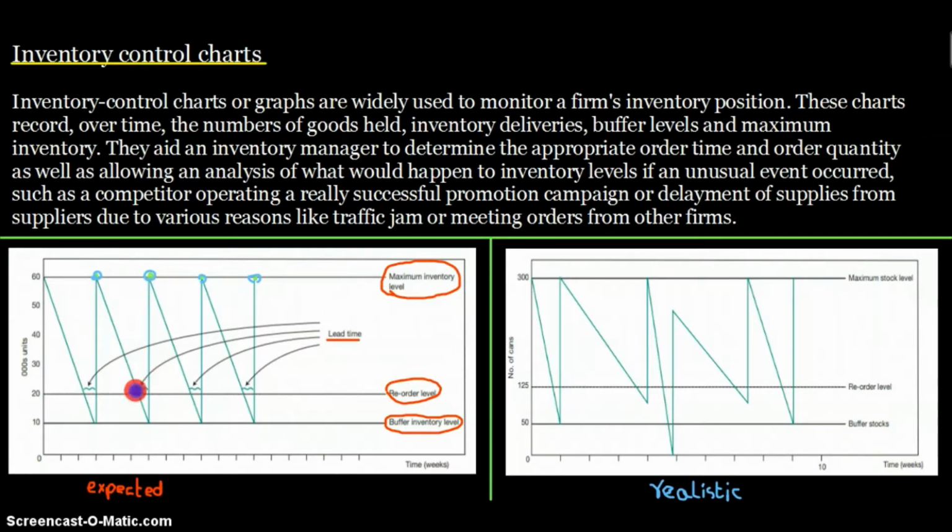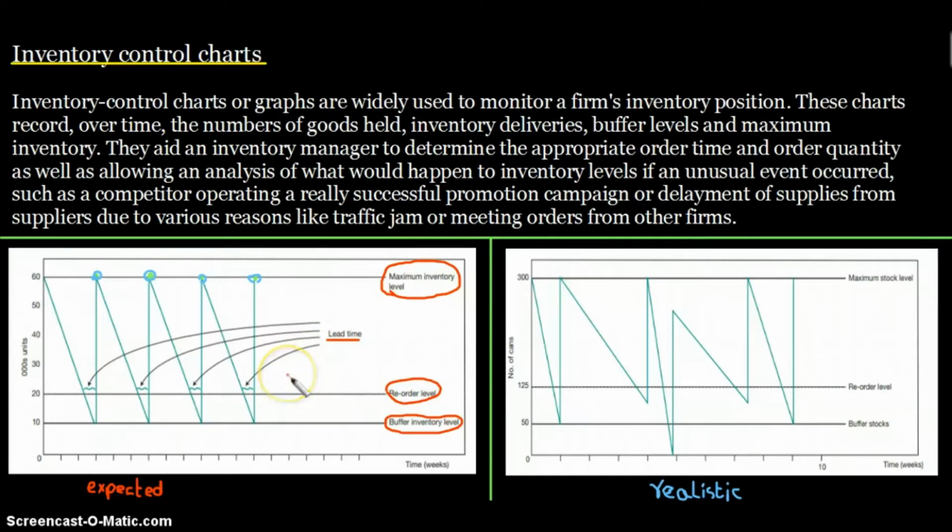The time taken from when you place an order to when your inventory reaches the maximum again, that is for the suppliers to deliver you the stocks, is known as the lead time. This time period that I've marked, this is the lead time.